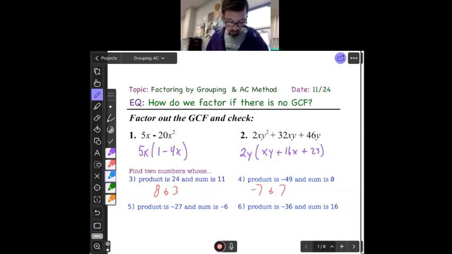Addison, what about you guys? Product to -27, sum is -6. Two numbers would do that.